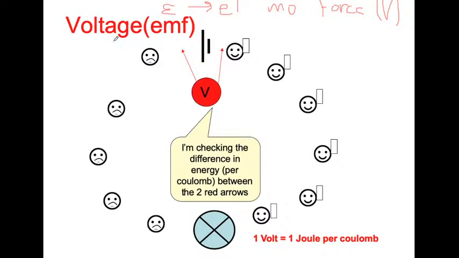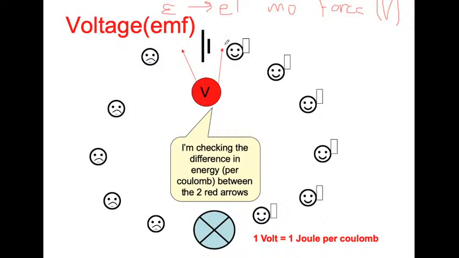So when we're measuring voltage in this electromotive force, we're essentially checking the difference in energy between 2 points. Here, those 2 points happen to be right after the cell and right before the cell.